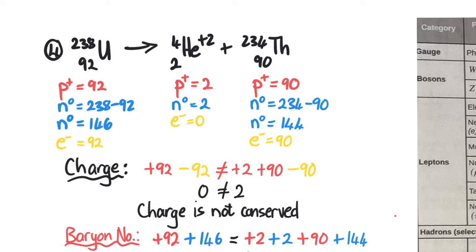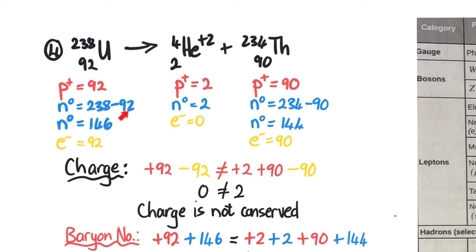So if we look here, we see immediately, if we look at uranium, and you should have done this in grade 10, you take the atomic number, which is the smaller of the two numbers of the element on the periodic table. Now we've got 92, 2, and 90. The neutrons are determined by subtracting the atomic number from the mass number.